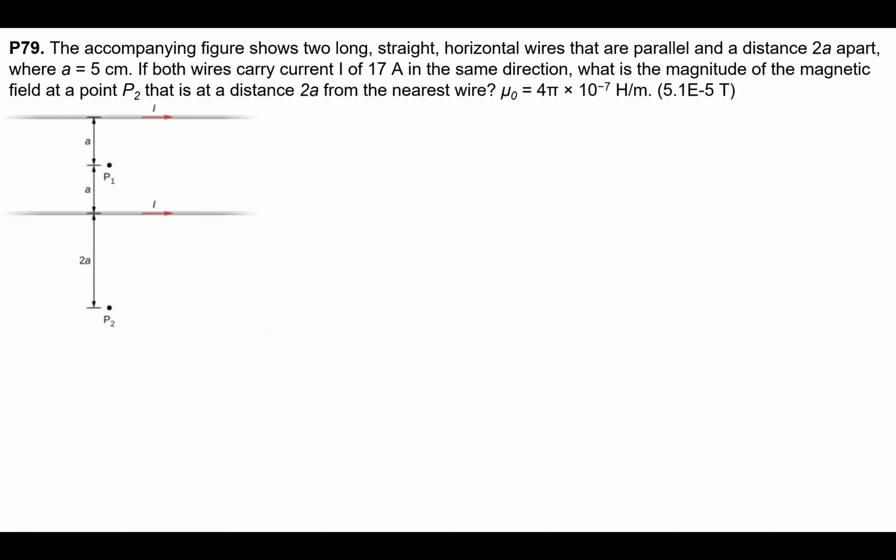And now let's look at another case. The accompanying figure shows two long straight horizontal wires that are parallel, and the distance is 2a. If both wires carry current I of 17 ampere, 17 ampere here, 17 ampere there, what is the magnitude of the magnetic field at point P2?